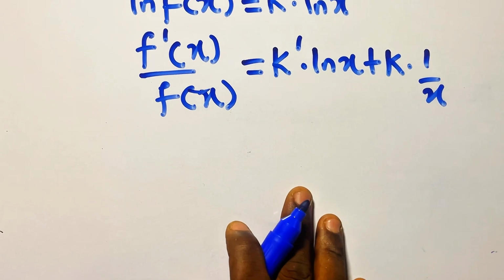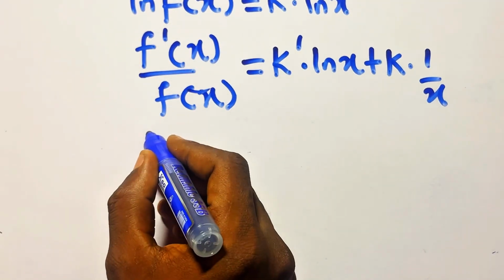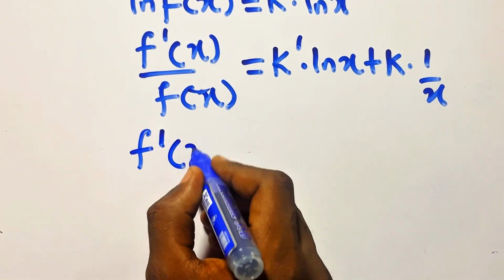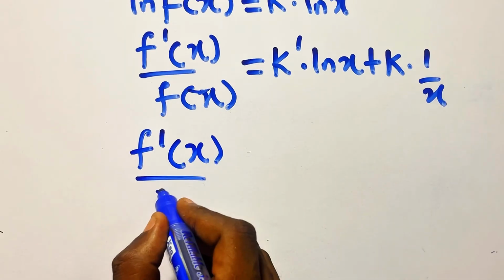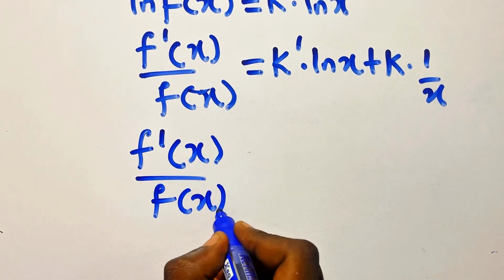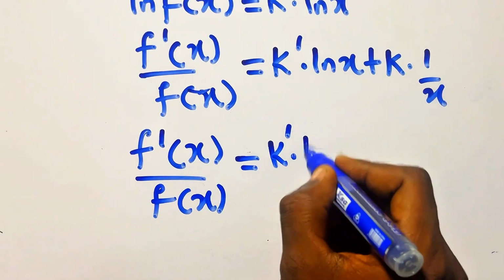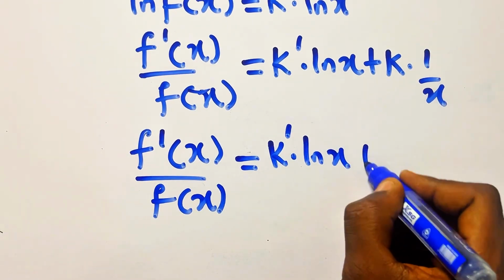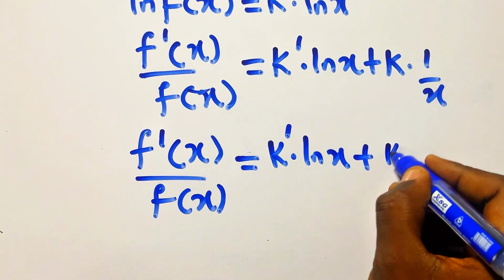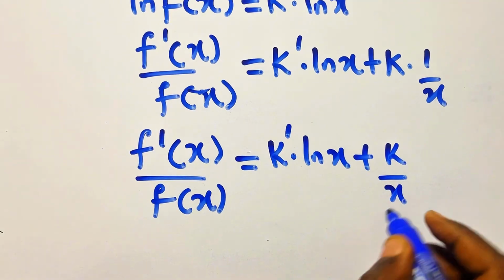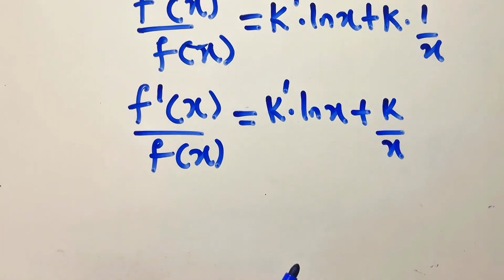So f prime of x divided by f of x equals k prime ln x plus k divided by x.